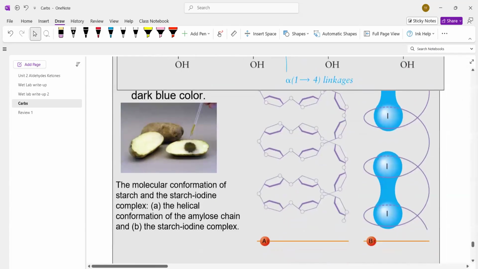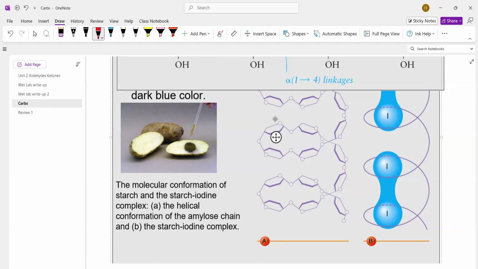As a test for starch, frequently they use iodine. And what happens is the iodine physically gets into the helix form of the starch. Now, the helical formation versus a long string of glucoses is more stable.